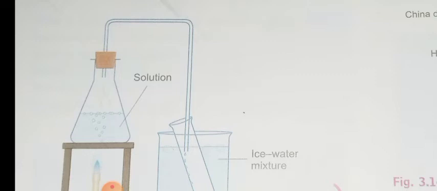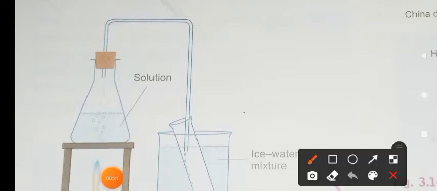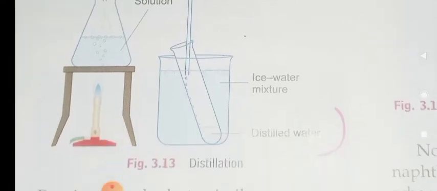Cover the flask with a rubber cork, and through the hole in the rubber cork insert a tube, and the other end of the tube should be inside a test tube, and the test tube should be kept inside a beaker which contains an ice water mixture.